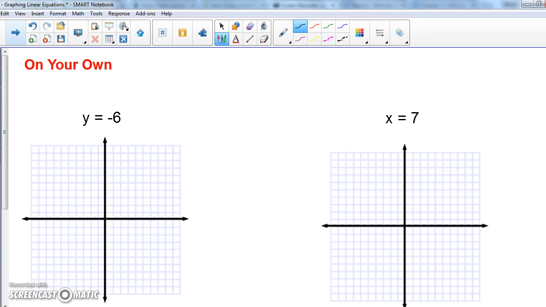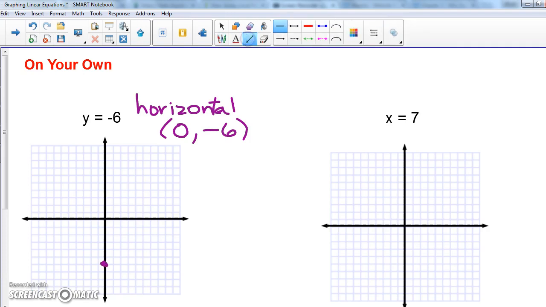Okay, so if we look at y equals -6, remember that y equals is going to be a horizontal line. And it's going to go through (0, -6). So let's see. (0, -6) is 1, 2, 3, 4, 5, 6. So y equals -6 is going to look like this.